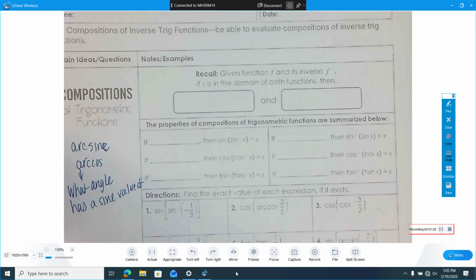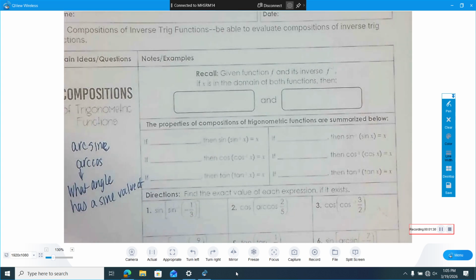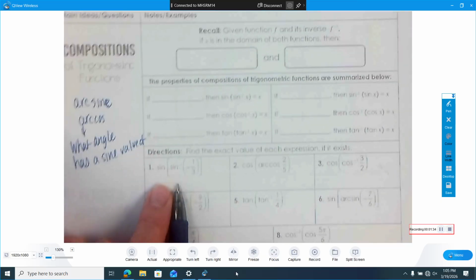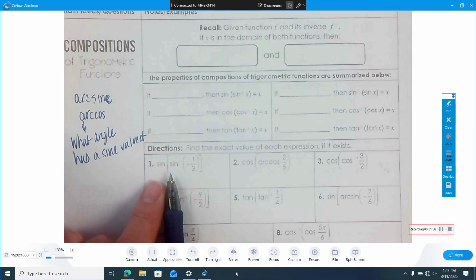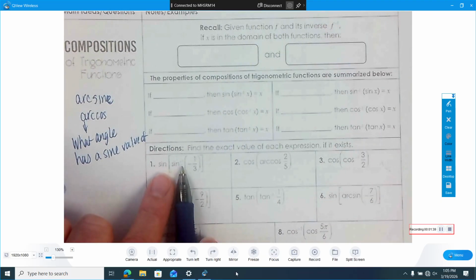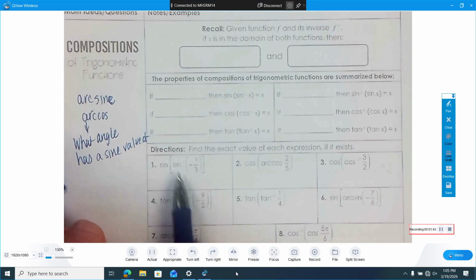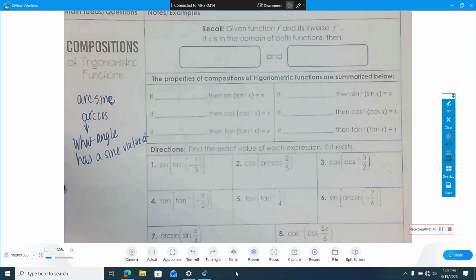So what we have are compositions of trigonometric functions today. A composition is, as you can see right here on number 1, nested, if you will. We have the sine of this whole thing, the sine inverse of -1/3. I could just tell you to memorize a bunch of stuff, but I'd rather draw it.